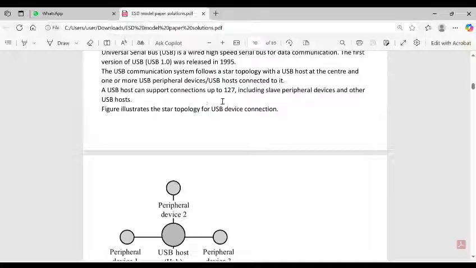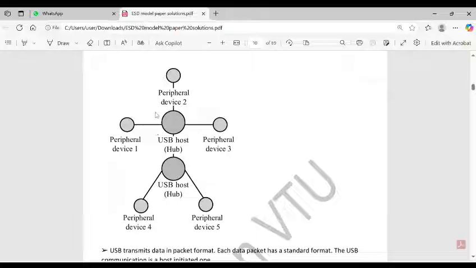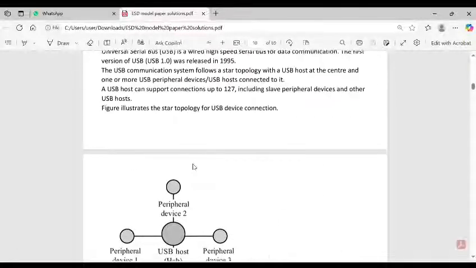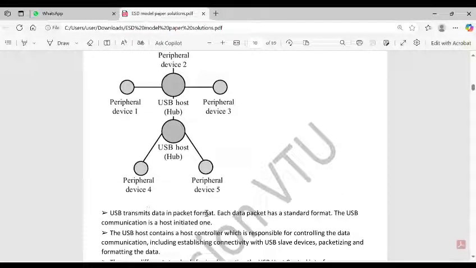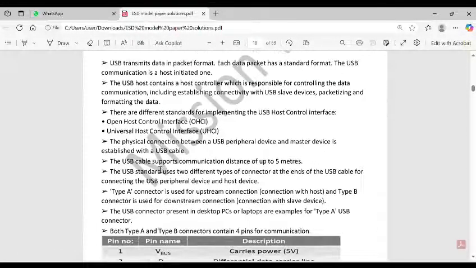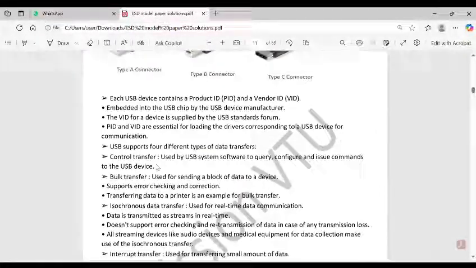A USB host can support connections up to 127, including slave peripheral devices and other USB hosts. This figure illustrates the USB connection and the USB host hub, and these are the devices that are connected to USB. You can refer these contents for the USB.